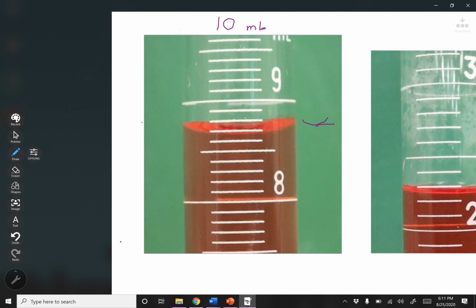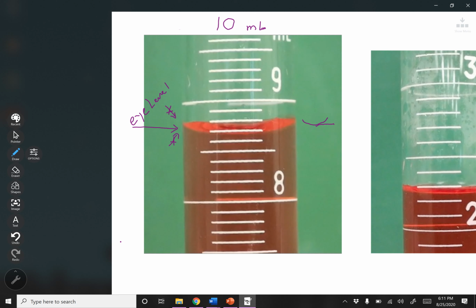If you were actually reading this, you would want to be at eye level. So you want to hunch down on the bench top, get your eyes level with the meniscus, and then read it from there. You wouldn't want to come from this angle or from this angle, because that's going to skew your measurement a little bit.